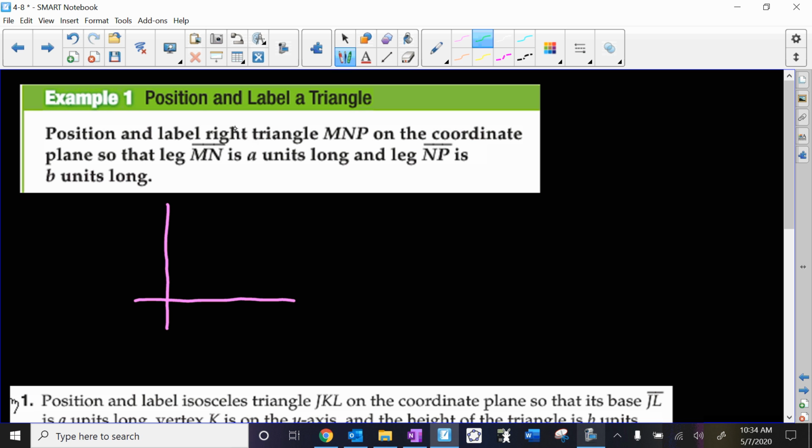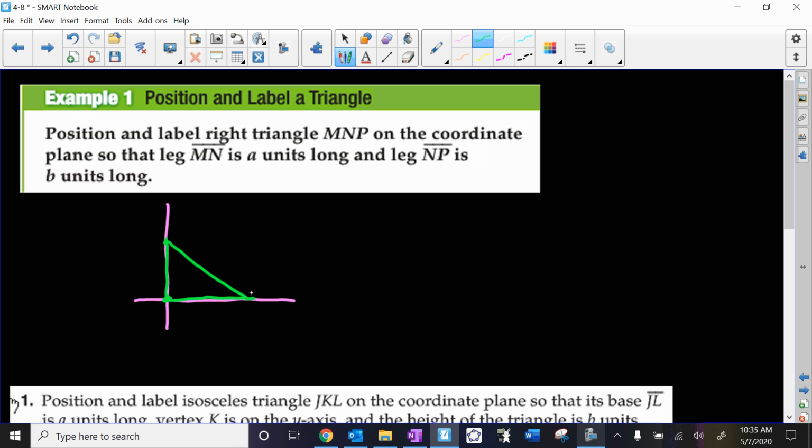So looking at what type of triangle we have, it's a right triangle. I might make a right triangle that looks something like this. Notice I used the first quadrant, I used the origin, and I used the axes.